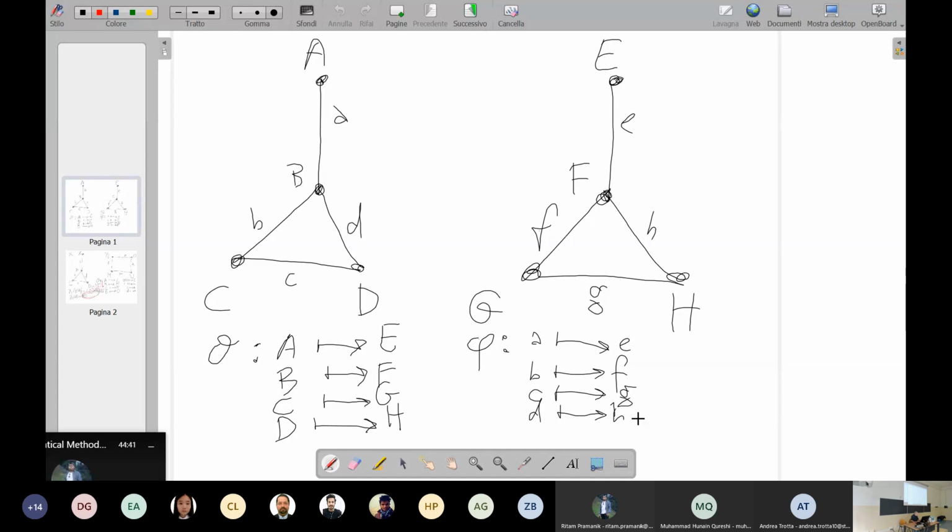Phi of small d is small h. What are the ends of small h? Capital F, capital H. But capital F is the theta of capital B, and capital H is theta of capital D. So for all of these edges, the condition is satisfied, and this is a legitimate isomorphism. Now my question, can you find another one?